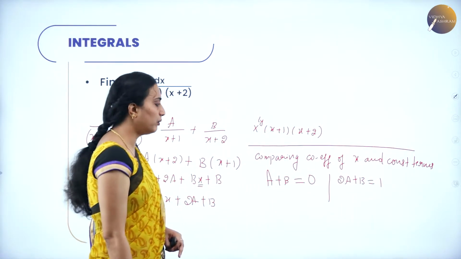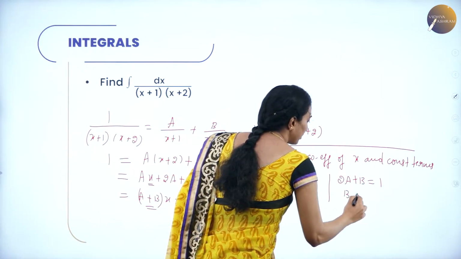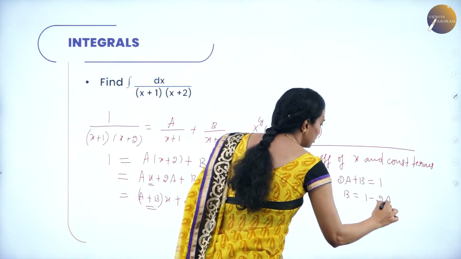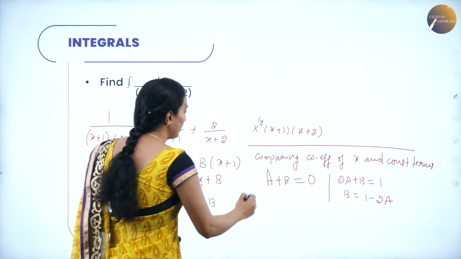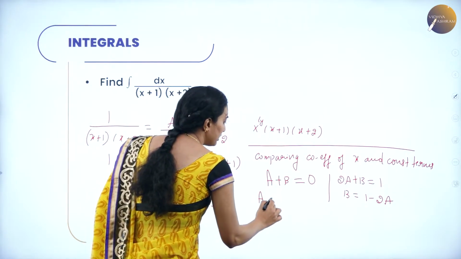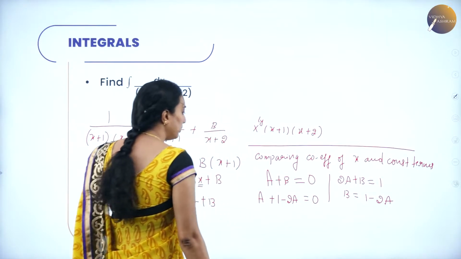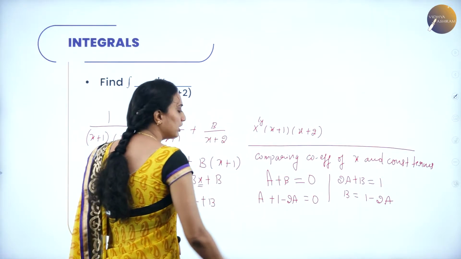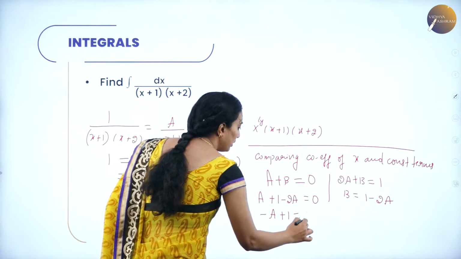Isn't it? Otherwise I can have here B is equal to 1 minus 2A. So therefore I can substitute B is equal to 1 minus 2A. So A plus (1 minus 2A) will be equal to 0. Otherwise you can have A minus 2A, which is equal to minus A plus 1 equal to 0.